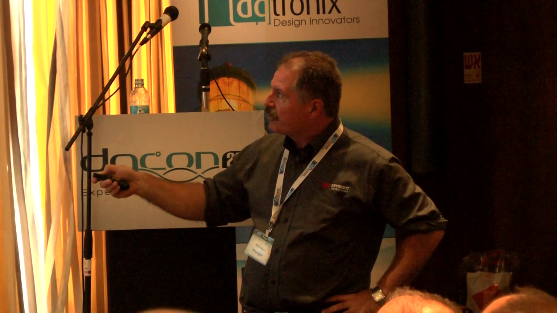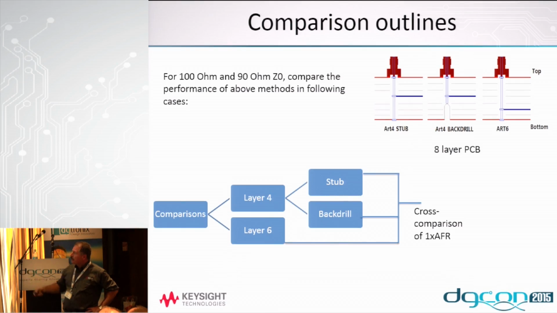And so we want to avoid via stubs. So either back drilling, perhaps micro vias with lasers will work also, or you can route everything on the top layer and the very bottom layer and avoid stubs altogether. But we usually use that real estate up for high-speed channels very quickly. So we're forced to go inside the layers. So here, these three structures is what we're going to take a look at next.